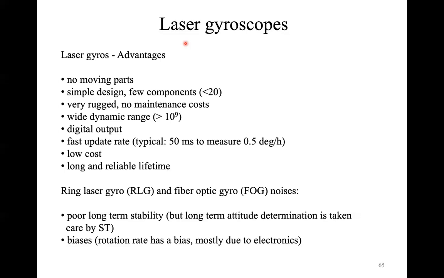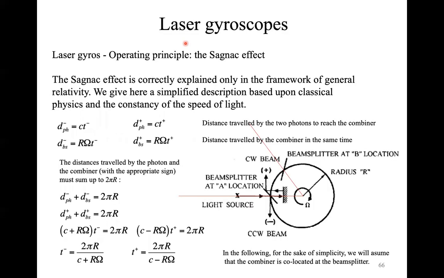Although it has a long lifetime, because of the electronics and other error sources, the stability of the signal tends to be biased and drift over time. That's the reason why you need a star tracker to recalibrate this instrumentation, and also the biases represent an important error source.